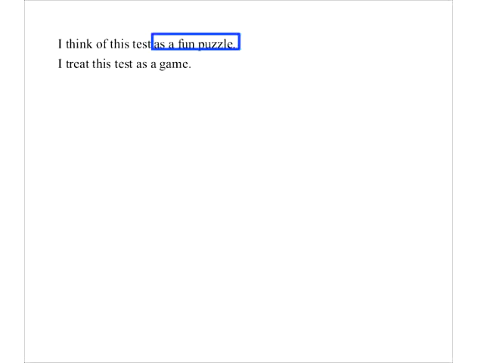So, here's a couple of other examples of that. Like, if you have, I think of this test as a fun puzzle. I treat this test as a game. So, I mean, these are both describing not the test itself so much as the way I think about it or the way I treat it.